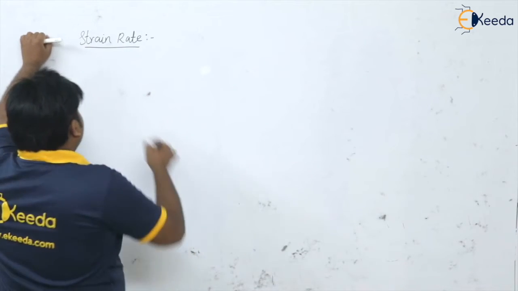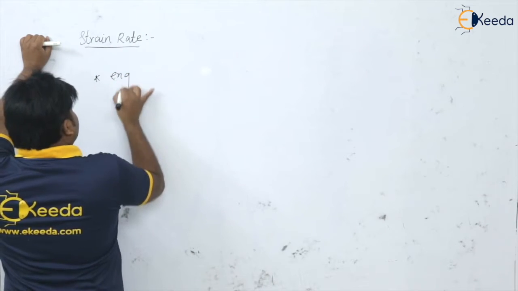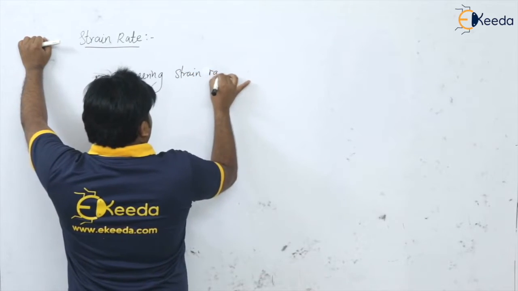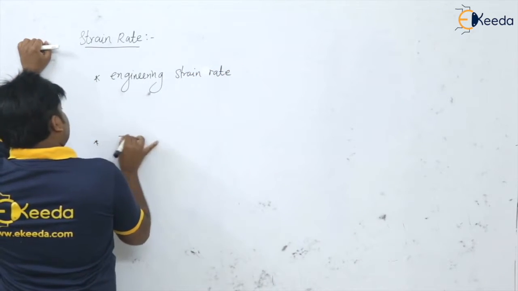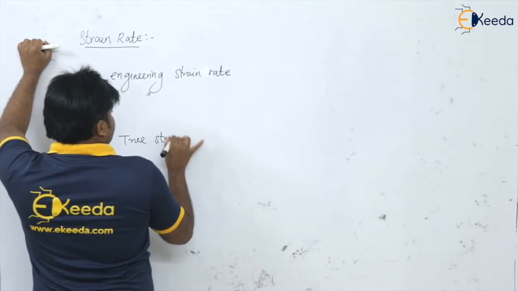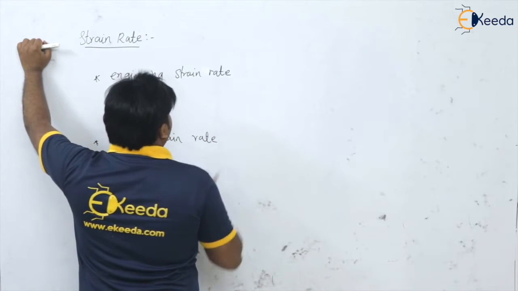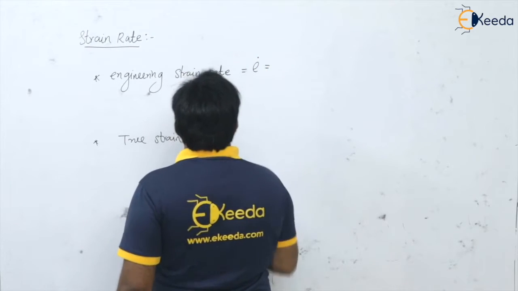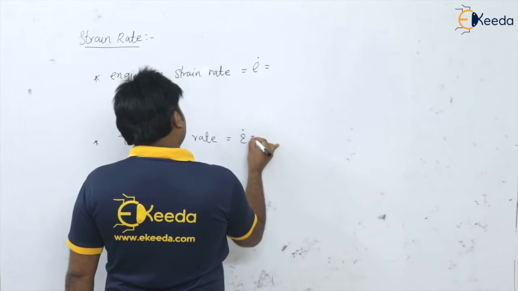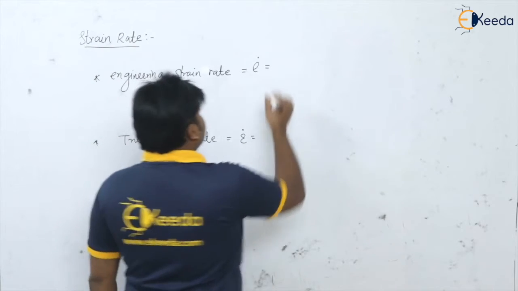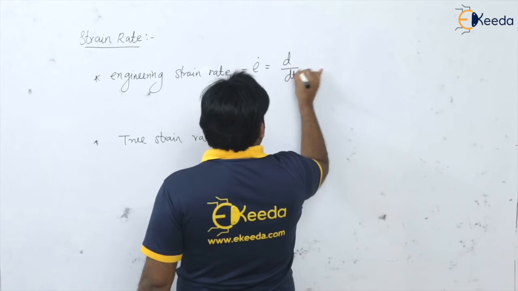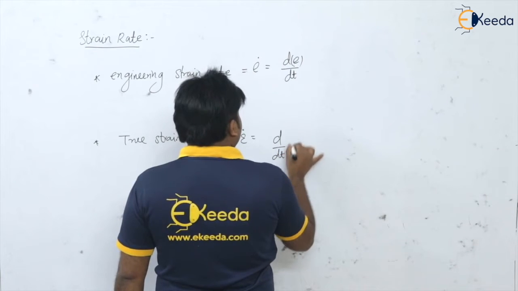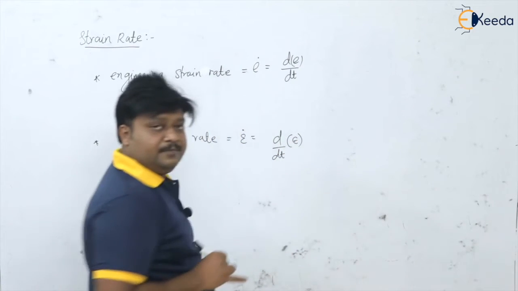Again there we have engineering strain rate, and there will be true strain rate, isn't it? So when I talk about this rate, I will write e dot for engineering strain rate and epsilon dot for true strain rate. So what is this? d/dt of e, and this is d/dt of epsilon. We'll get the rate. Very easy.